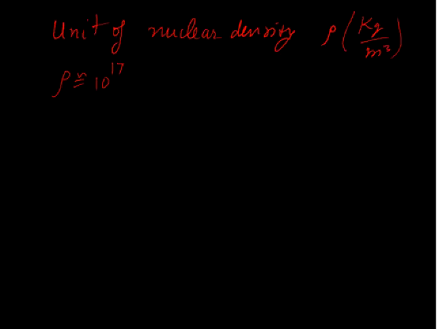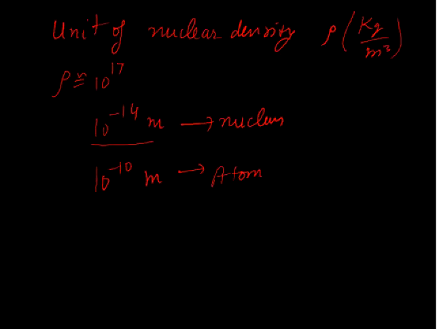Now you know how much density you will expect for the atom. As you know, the atomic radius is 10 raised to the power 4 times the nuclear radius. 10 raised to the power minus 14 meter is the radius of the nucleus, and 10 raised to the power minus 10 meter is the radius of the atom. So the difference is of the order of 10 raised to the power 4.